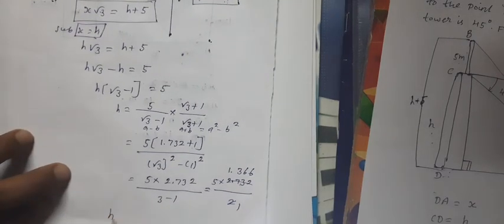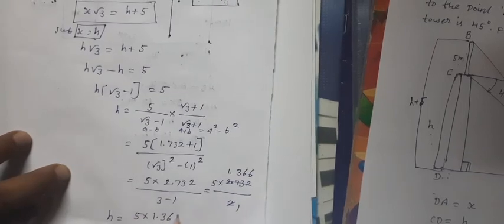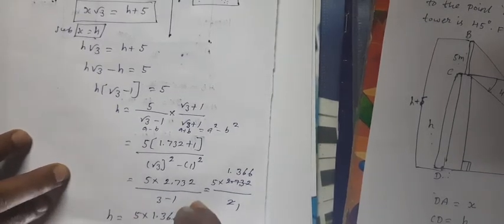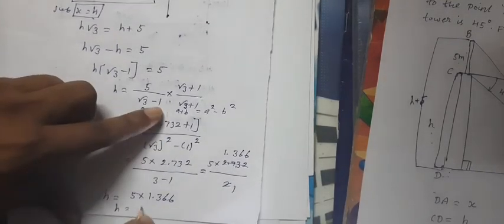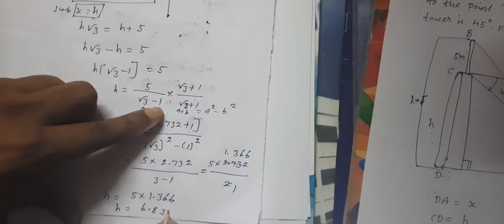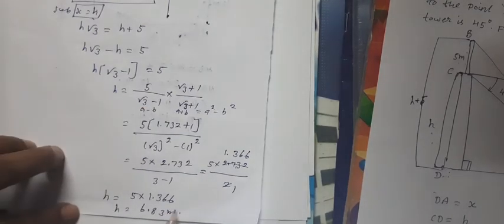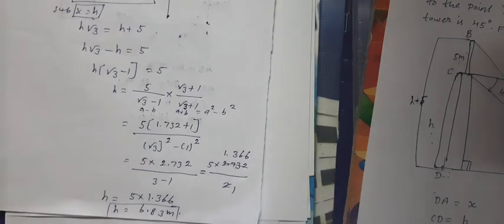So H is equal to 5 into 1.366. Multiplying these two, we get H is equal to 6.83 meters. That is, the height of the tower is 6.83 meters.